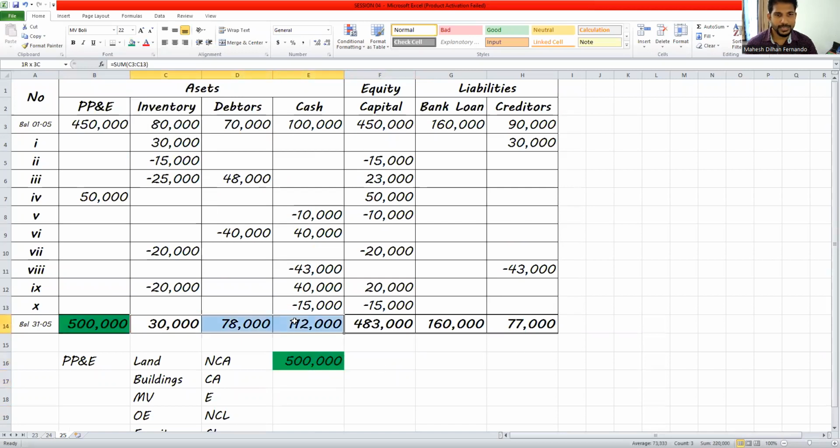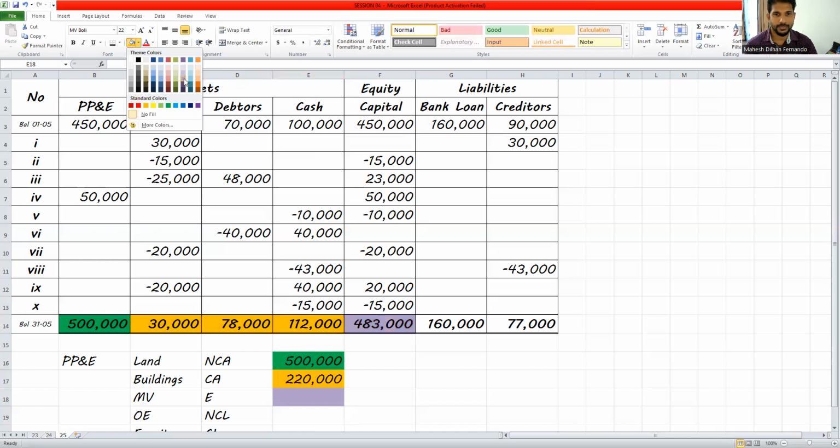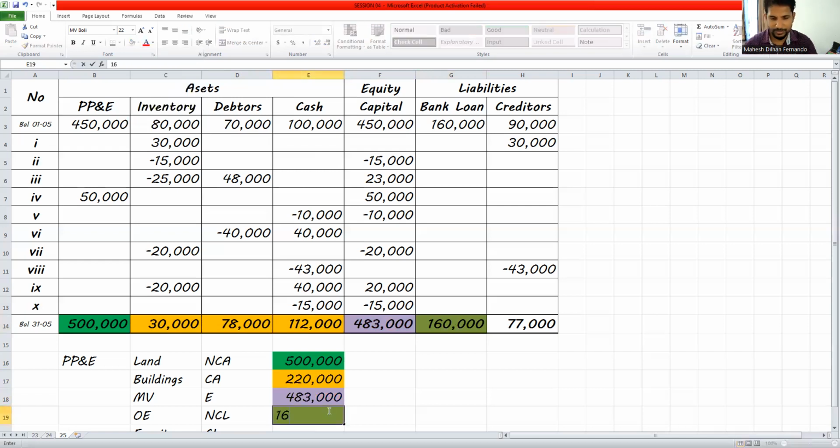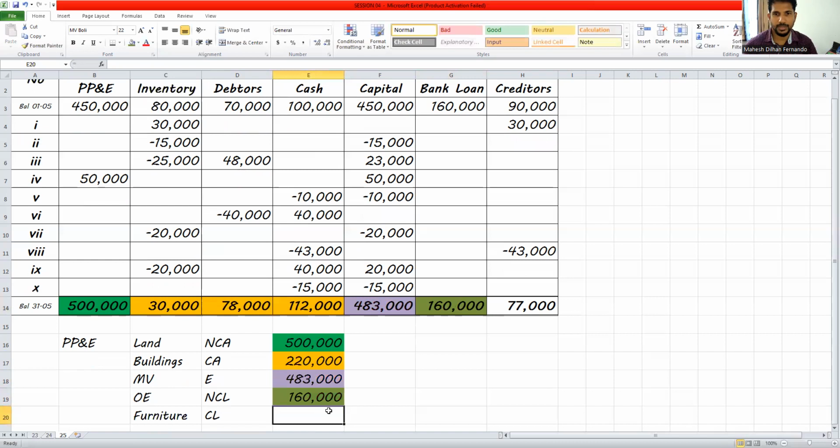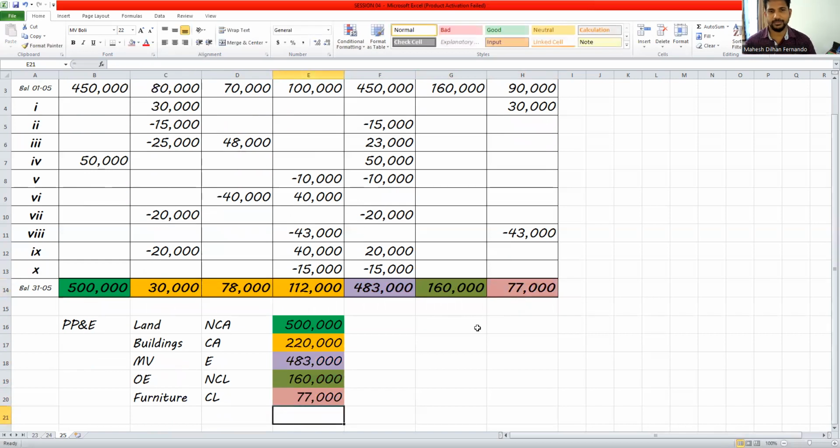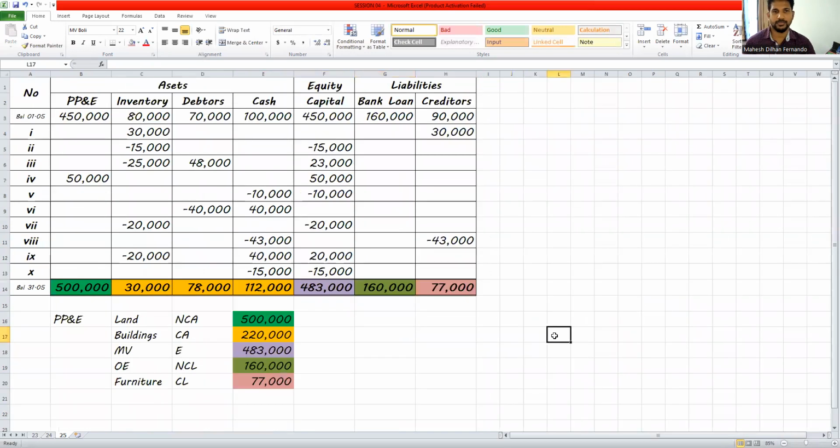Right? Current assets, it is 220. Equity 483. And bank loan, it is 160. And current liability 77. It is the balance of creditors. How simple the question is.